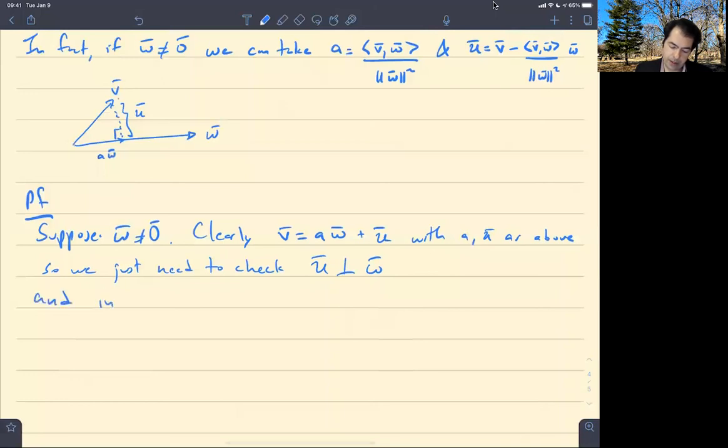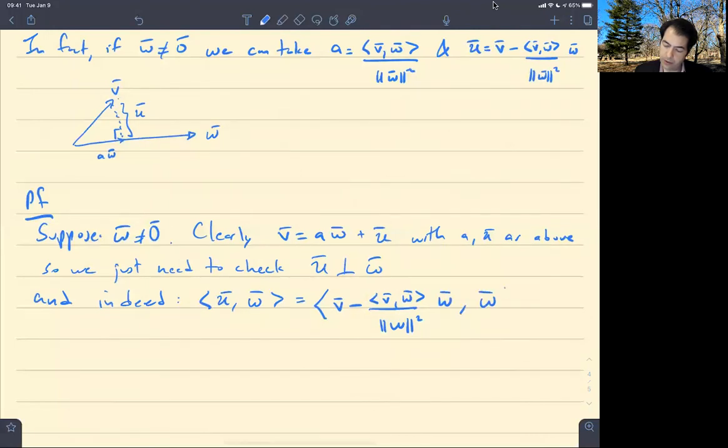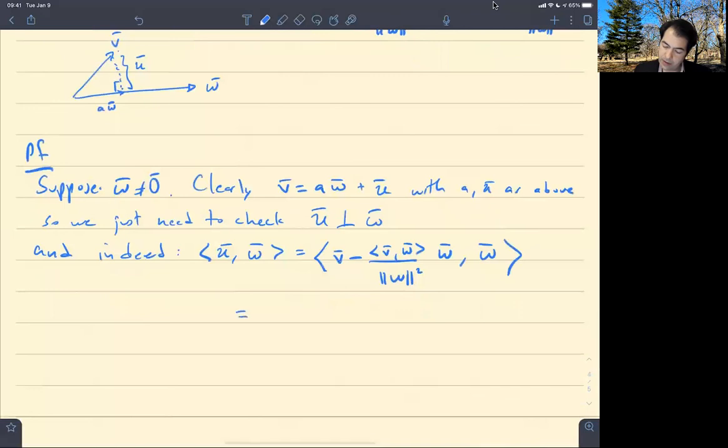And indeed, to check if these are orthogonal, I need to take the inner product of U and W, and I need to get 0. But I have a formula for U. So this is the inner product of V minus inner product of V and W divided by norm W squared times W, and then inner product with W. And because the inner product is linear in the first entry, I can write that as the inner product of V with W minus, and then I'm going to pull out this scalar.